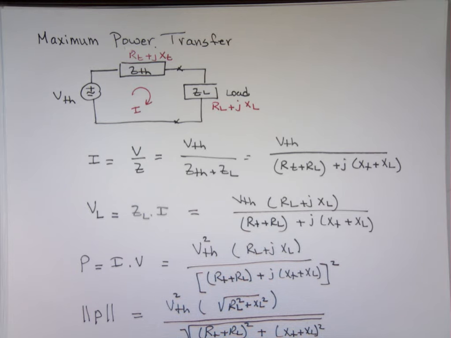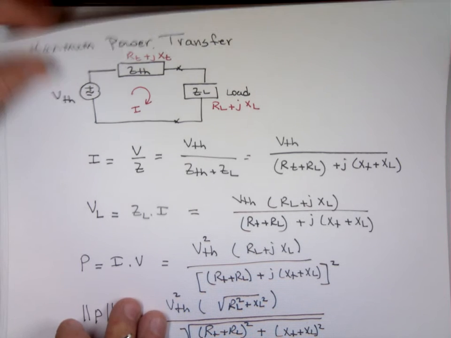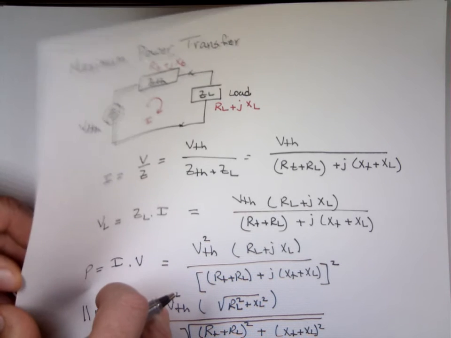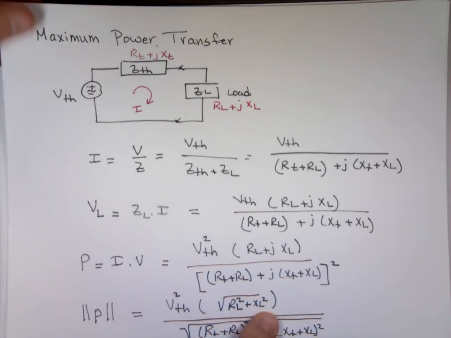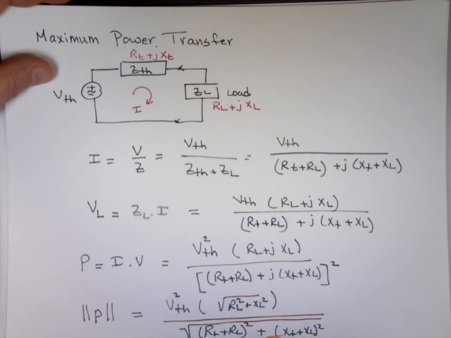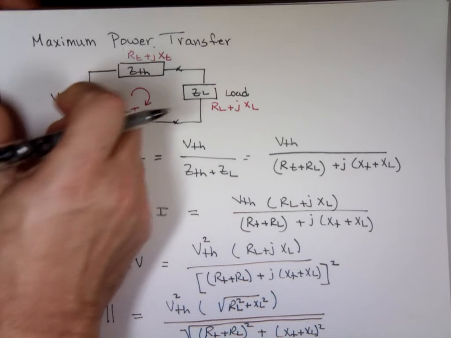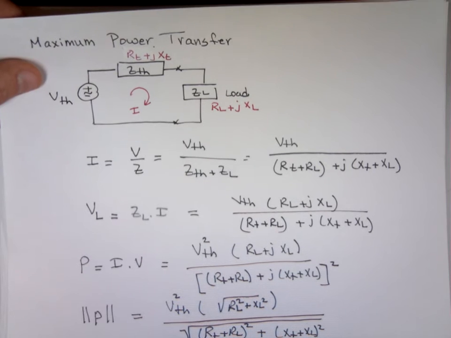The smallest value possible. I'm going to bypass the math and just use logic here. For the bottom to be the smallest value possible, we know the resistor cannot be negative.